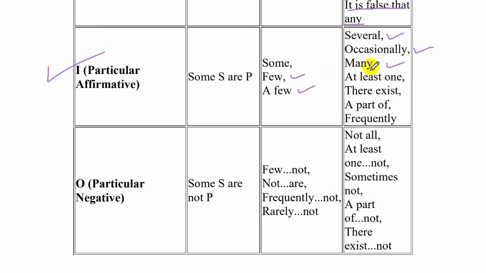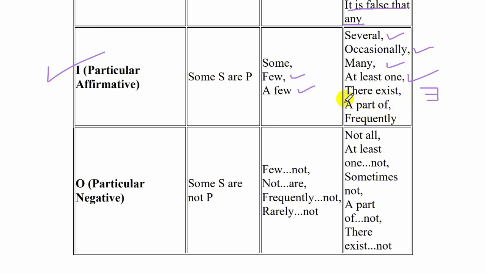Many means not all. So we should be able to distinguish between the words whether it is A type or E type. At least one means some. There exists. This is known as the existential quantifier. There exists at least one.